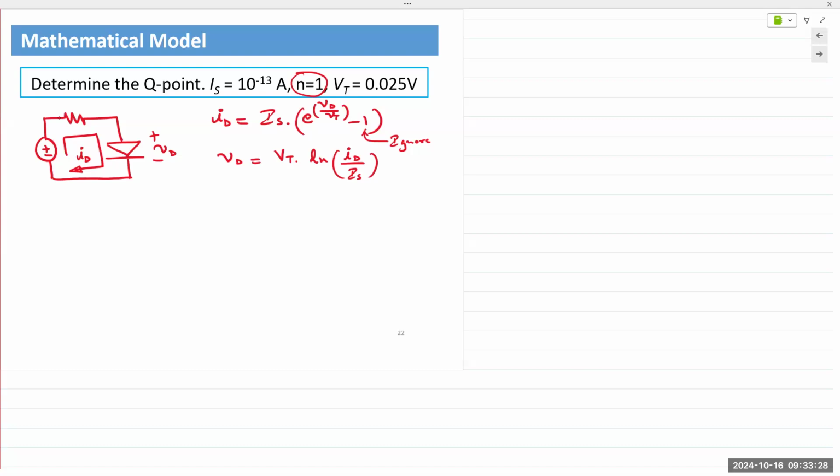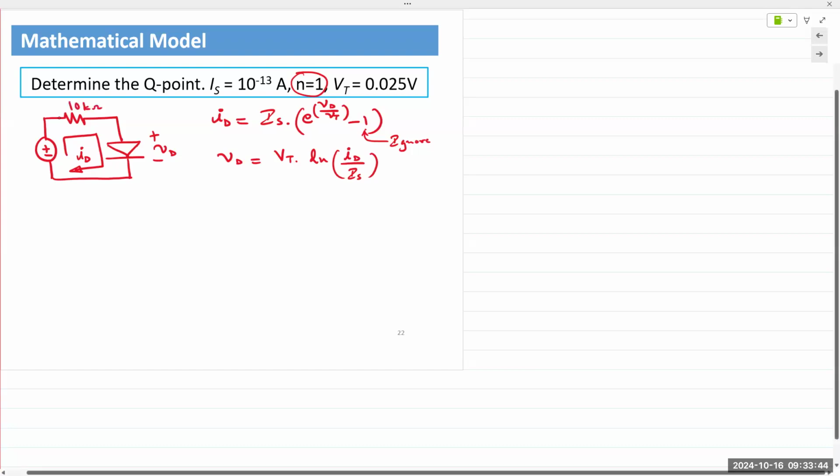Solely for the diode. Now, when you take the diode and plug it into a circuit, we need secondary equations so we can analyze the circuit, similar to what we did with the load line. Here I can write an expression for the current flowing through the circuit, a secondary equation for ID.